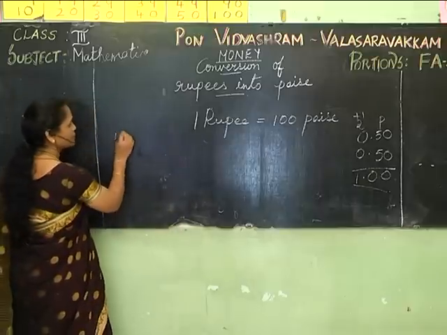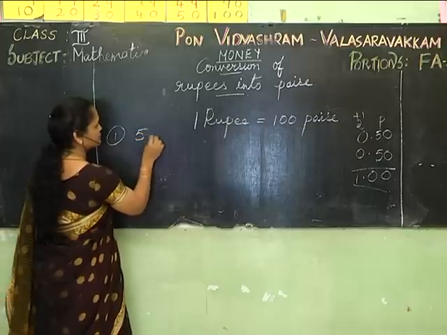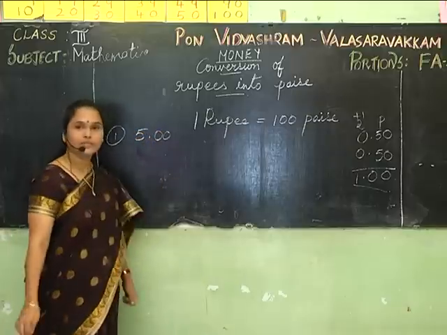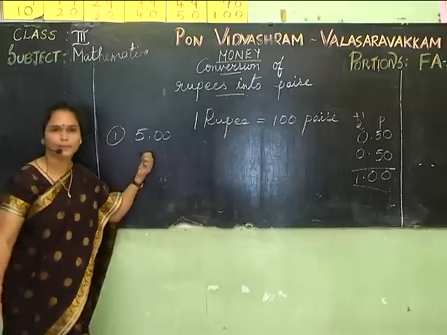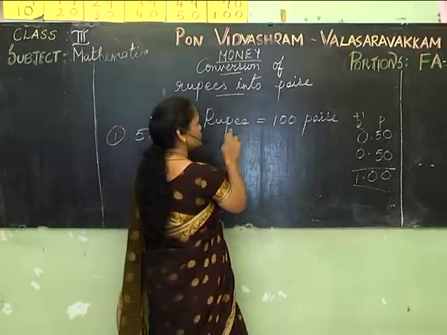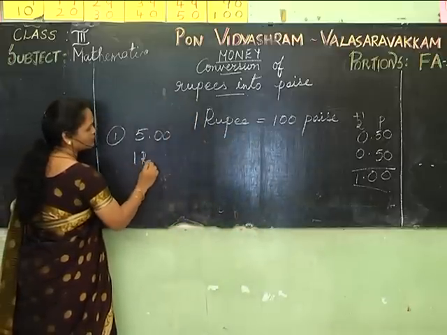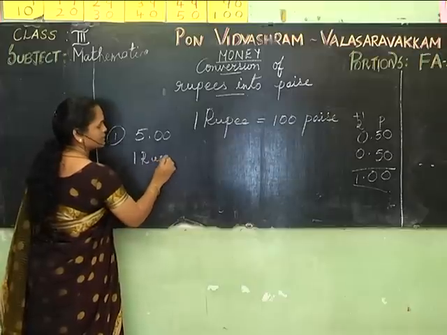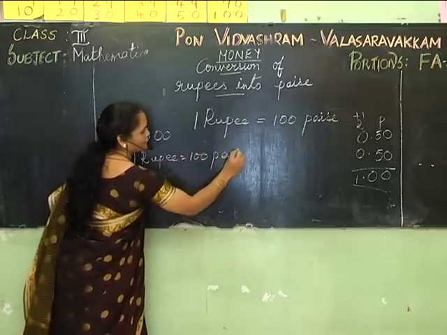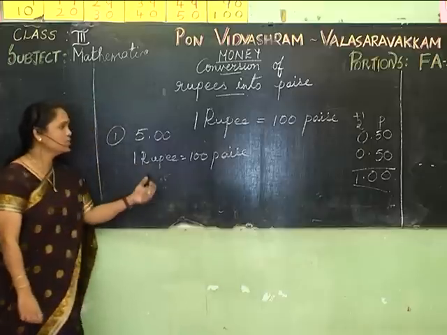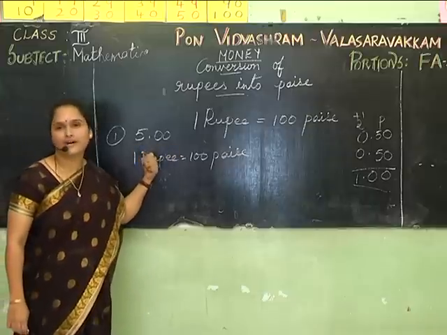The first step, 5 rupees. Now I want to convert 5 rupees into paise. The first step you can write is 1 rupee is equal to 100 paise. How much paise does 5 rupees contain?